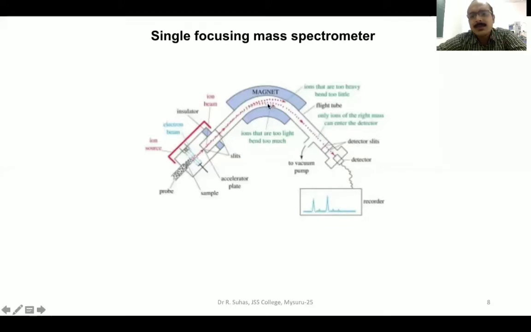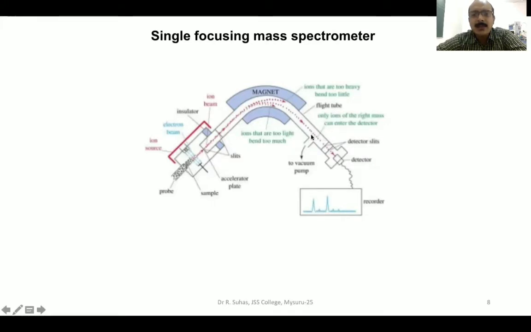The ions which are very small will bend very much and move very fast. The medium ions will travel somewhat later, whereas the heavy ions or heavy particles will not be moving very fast. So these are the ions that are too heavy, bend too little, and this is called the flight tube. We will see later what that is.